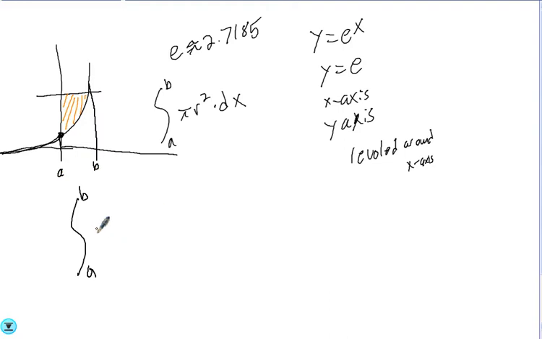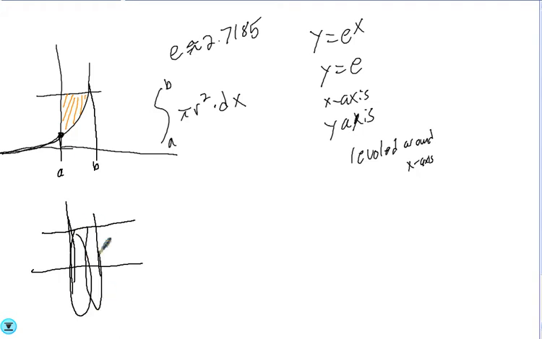It's almost like we have an integral or a volume of the line y equals e from a to b, and we're getting just a solid cylinder. And then we're subtracting off the volume integral from the exponential function, which is going to be this volcano looking one.